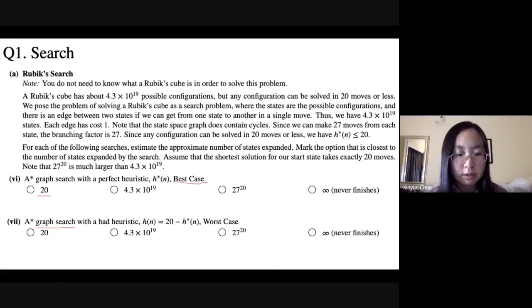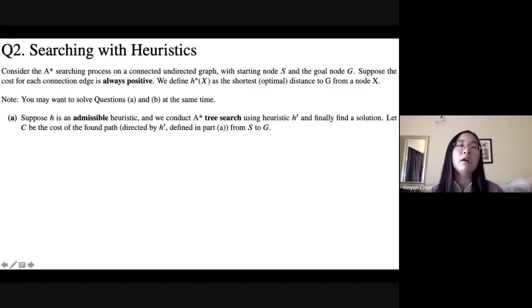So this time, our worst result becomes 4.3 times 10 to the power of 19, which is the number of possible states for this search problem. Okay, so that was the first question.